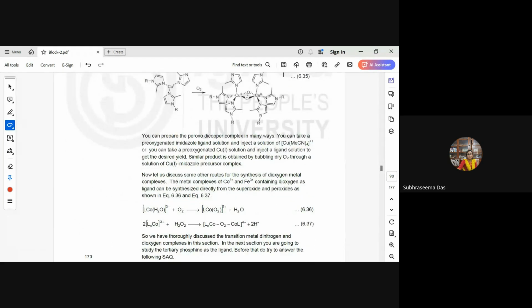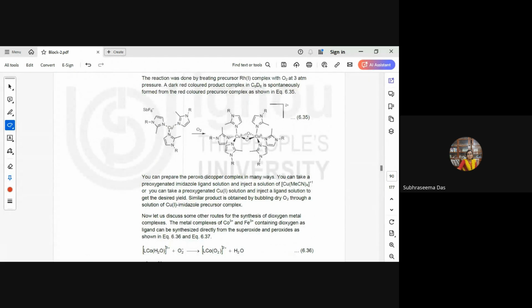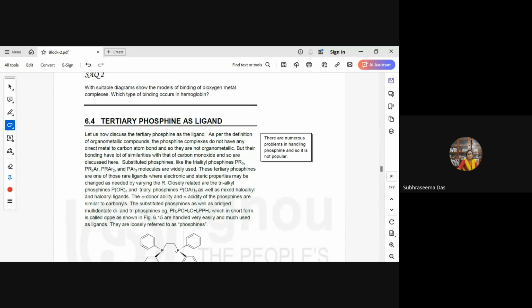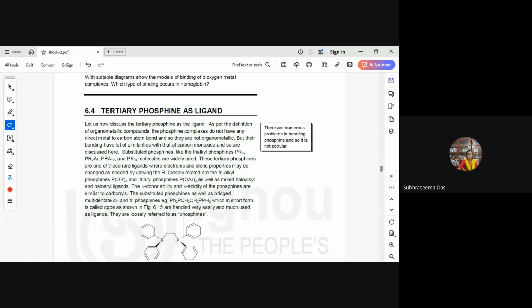Other peroxo dicopper complexes have also been prepared, particularly a peroxo dicopper complex, represented in equation 6.35. Other routes for the synthesis of dioxygen metal complexes have been listed in equations 6.36 and 6.37. Now coming to tertiary phosphine as a ligand.